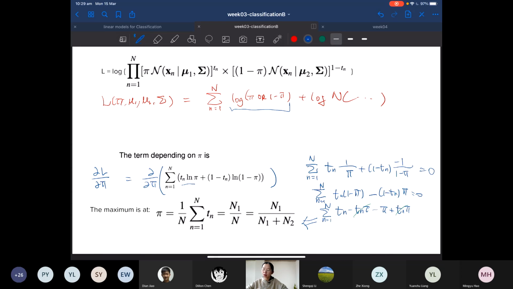It also makes sense because this is the fraction of data points that has Tn equal to 1, which is basically the fraction of data points that is in class 1. So it's nice to see that the maximum likelihood solution to conditional Gaussians is intuitive.